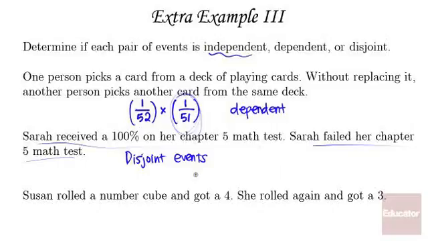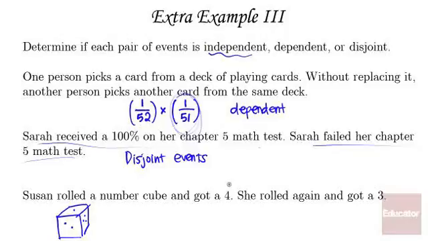And the third one: Susan rolled a number cube and got a 4. She rolled again and got a 3. Now a number cube is a die, right? And we know that there are 6 sides. Each side has a different number. So 1, 2, 3.